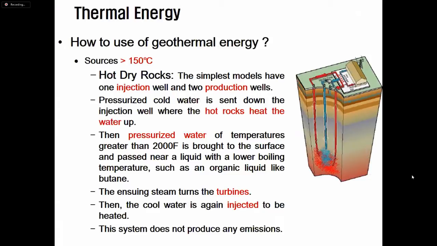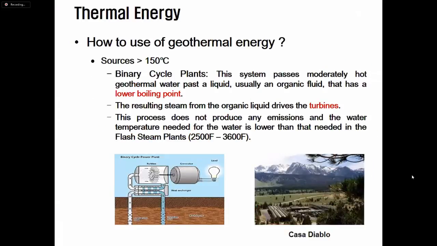But sometimes they can produce gas, not good gases, chemical gases coming together. So with high temperature, there are hot blocks or heat pumps. And if it's hot water, then a binary cycle plant, which has a lower boiling point, and they can use a turbine that is rotating, and a generator to provide electricity.